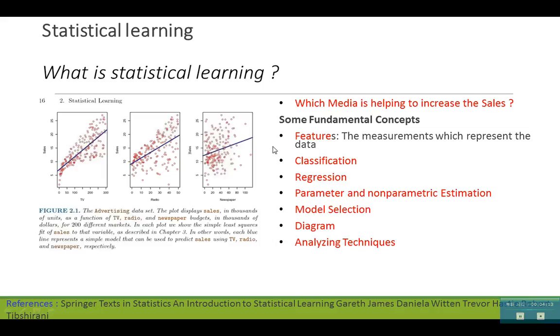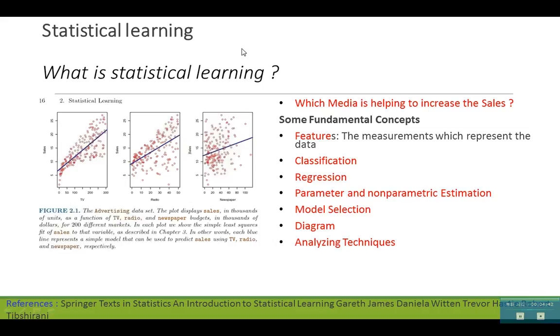So what is statistical learning? I want to give one example. For example, you are hired by a company, and the company is giving advertisements to increase their sales on TV, radio, and newspaper, and your duty is to compare the budget and find out which media is helping to increase their sales. So that is the main theme of statistical learning.